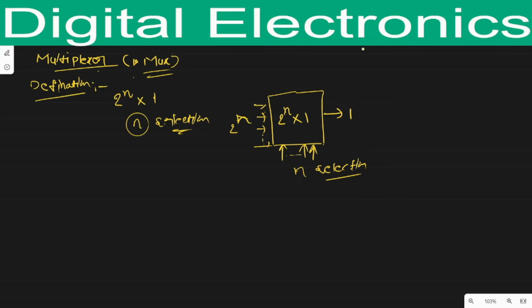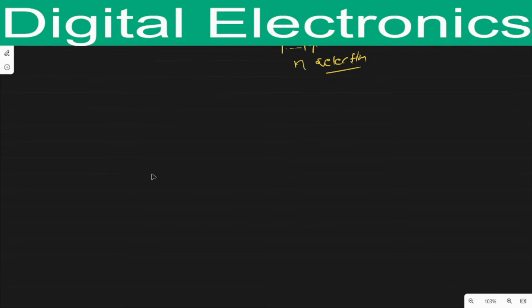So on the basis of small n, there are various types of multiplexer, such as 2 cross 1.